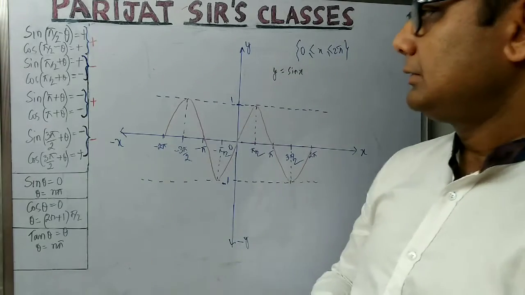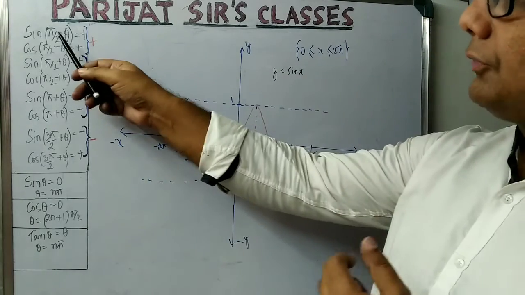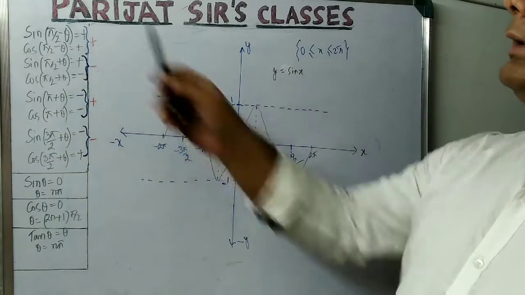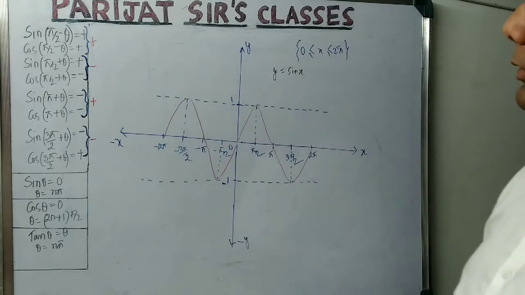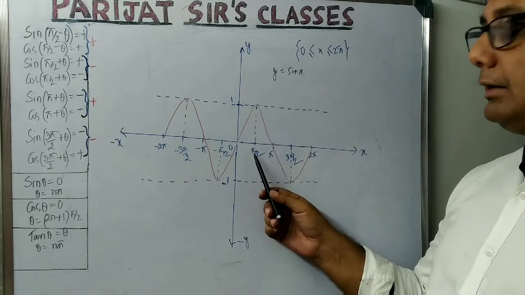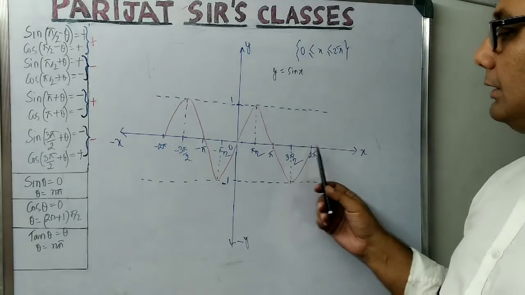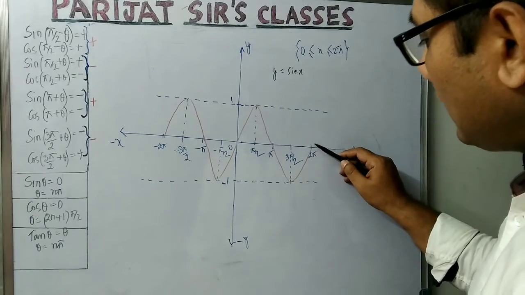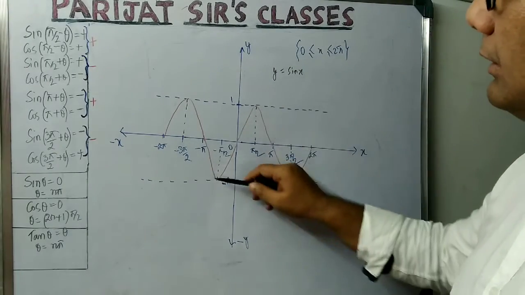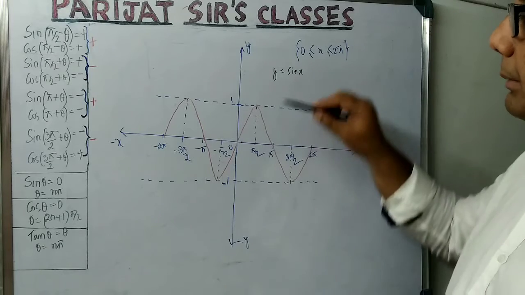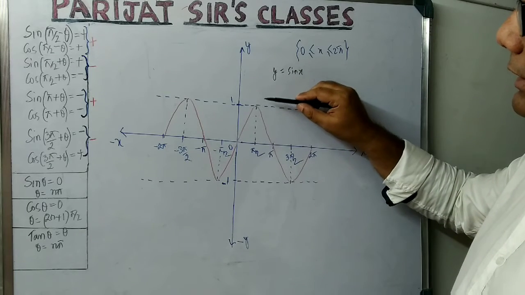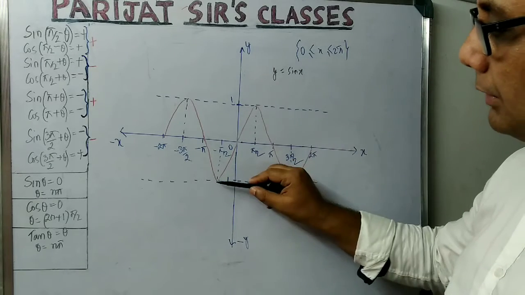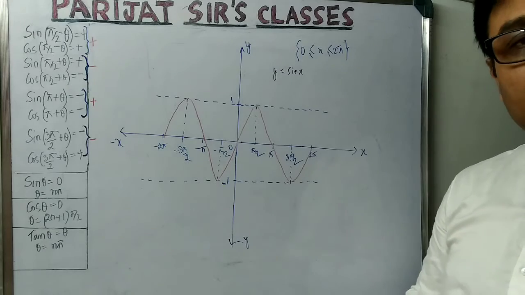If we see the graph of the sine and keep putting the values of theta, like 90 degree, 180 degree, 270 degree, and 360 degree, you will see that the graph of sine x goes like this, which means the maximum value of the sine is 1 and the minimum value of the sine is minus 1.